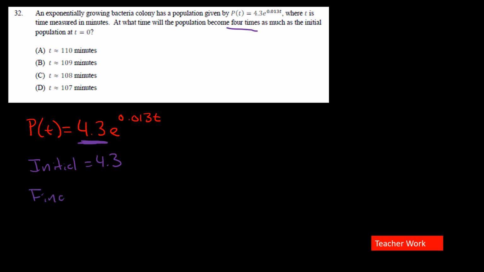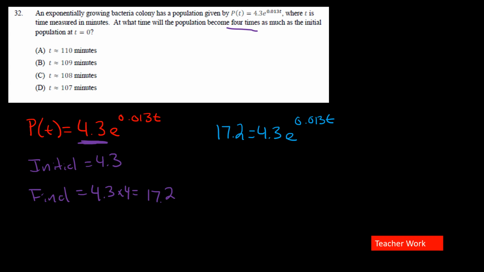So the final is equal to 4.3 times 4, which is 17.2. So what we need to solve for here is the time when 17.2 equals 4.3 e to the 0.013 t. So we have to solve for t here.